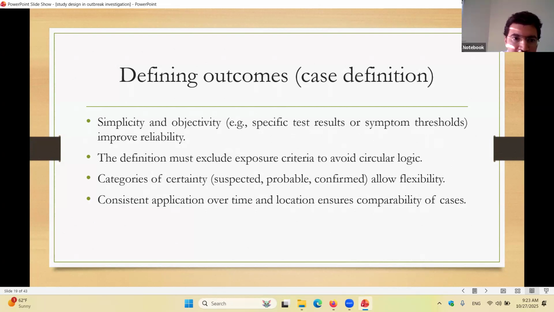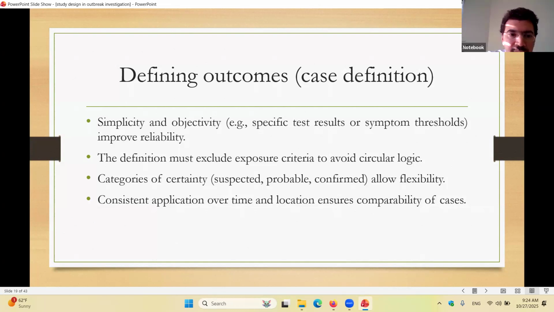And simplicity and objectivity. For example, specific test results or symptoms thresholds improve reliability. And the definition must exclude exposure criteria to avoid circular logic.